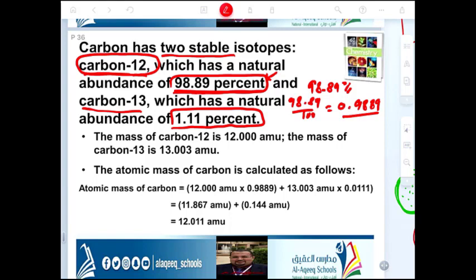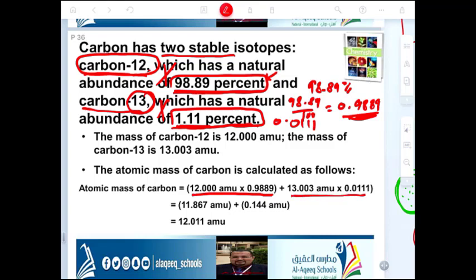We change the percent into numbers and multiply this number by the mass. Then do the same for the other isotope: multiply the mass times the percent after changing it into a number, which will be 0.0111.